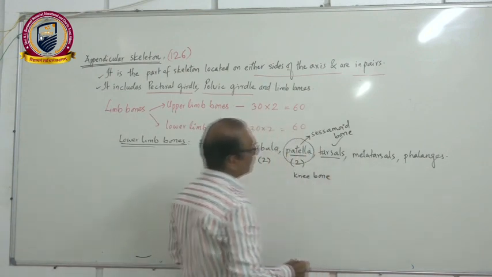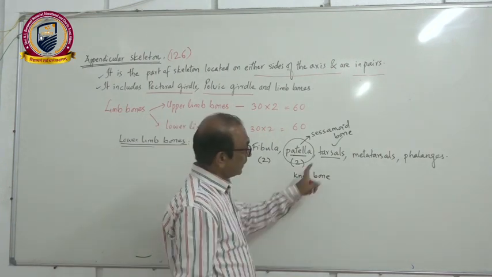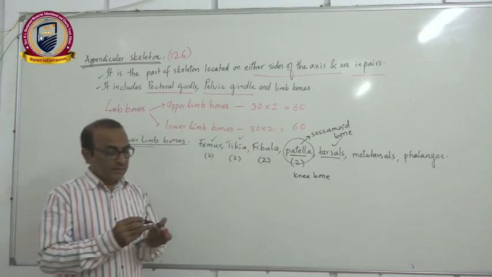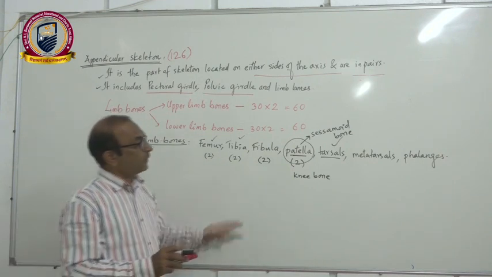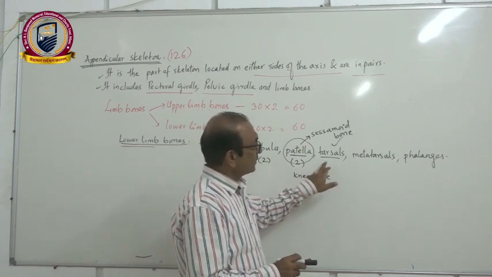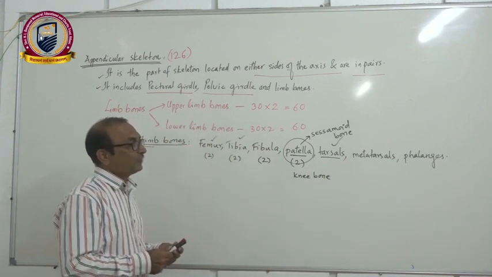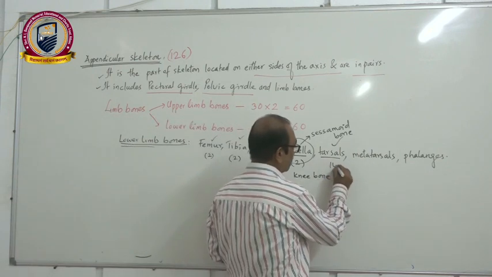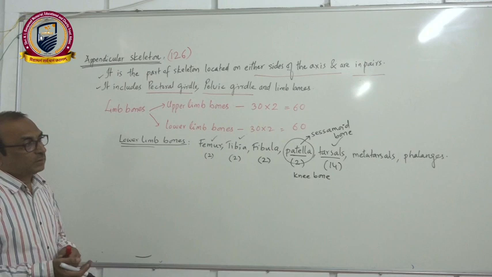Then tarsals are there in the feet region. Each foot has got 7 tarsals, just like the wrist, in the legs also, where the tibia and fibula join with the feet. At that point we have tarsals, and these tarsals are 7 in each leg. So 7 plus 7, total 14 tarsals in 2 legs.